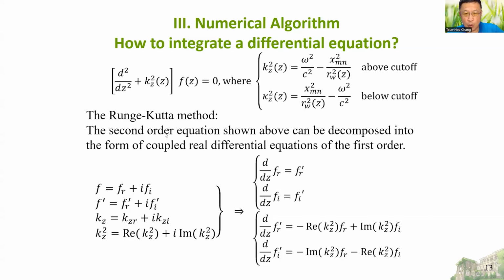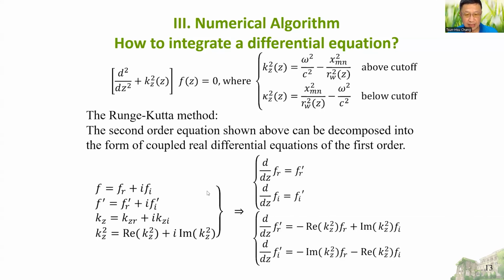The second order equation shown above can be decomposed into the form of coupled real differential equations of the first order. So we decompose a second order differential equation into two coupled differential equations of the first order.